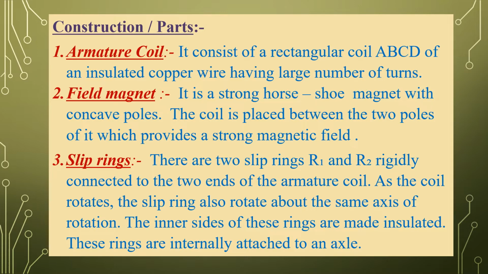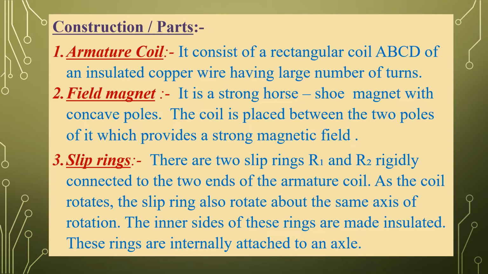The second part is the field magnet. It is a horseshoe magnet with concave poles. Our coil is placed between these two poles, which provides a strong magnetic field. The third part is the slip rings. There are two slip rings R1 and R2 rigidly connected to the two ends of the armature coil.